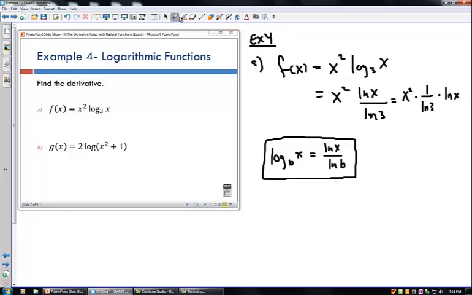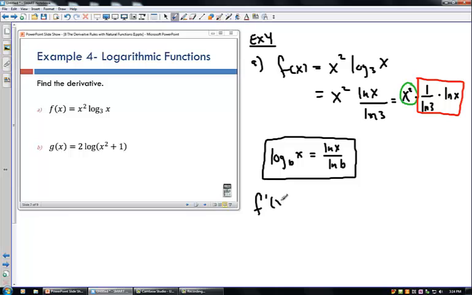And this is going to be a product rule, and I have to identify my first and second. So I'm going to let this be my first function, and then this be my second function. And so then I follow the product rule.